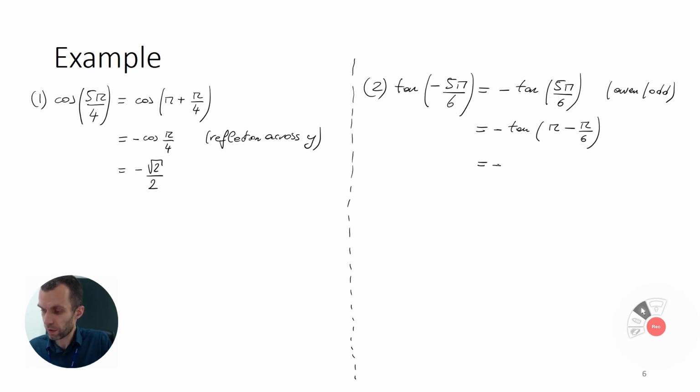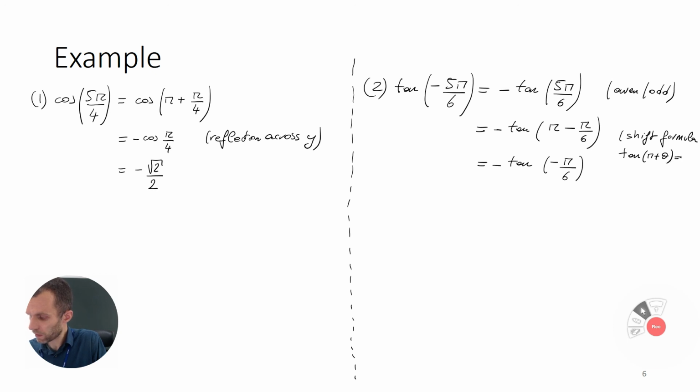So here now I can use my formula and I'll write this as minus tan of minus pi over 6. What I actually ended up using is the shift formula, the one that said that tan of pi plus theta is equal to tan theta.